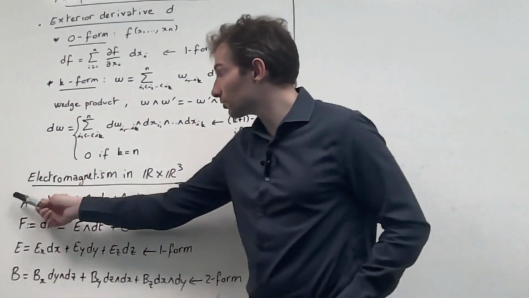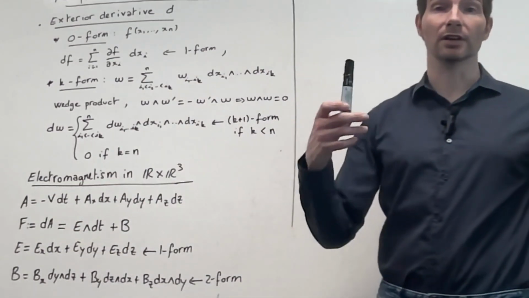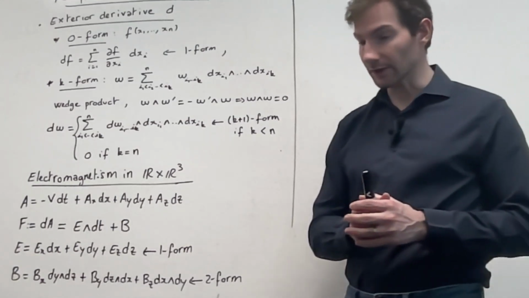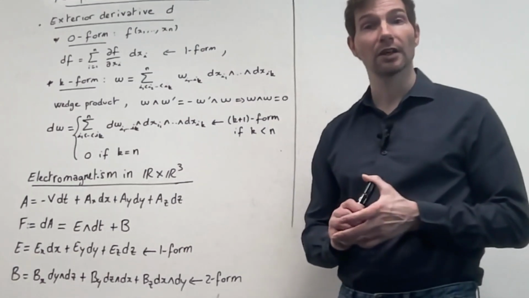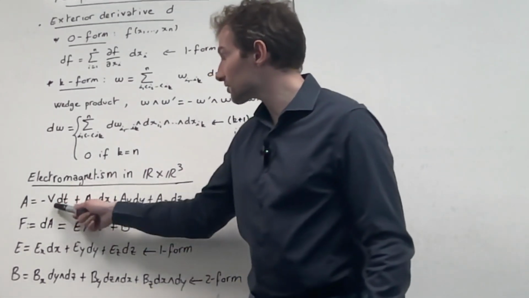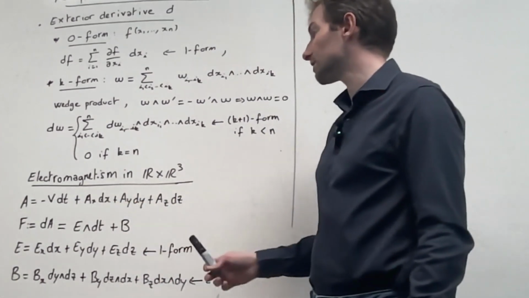And so we introduced a one form, the so-called vector potential one form. This is basically minus V dt plus Ax dx plus Ay dy plus Az dz.